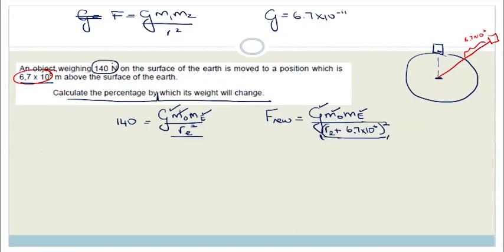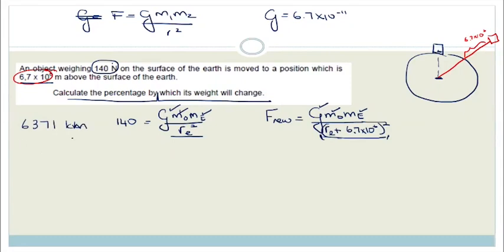Now let us talk a little bit about what information you should know, or that they're expecting you to know. I'm hoping that you know that the radius of the Earth is 6,371 kilometers.